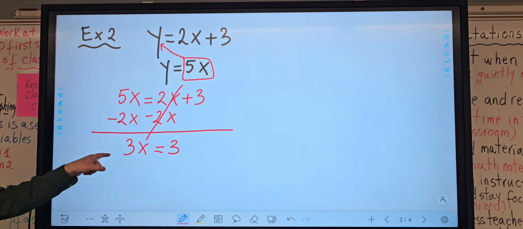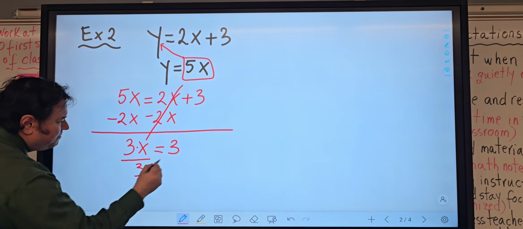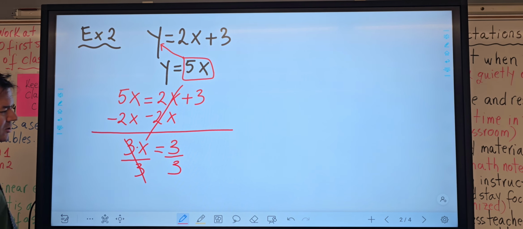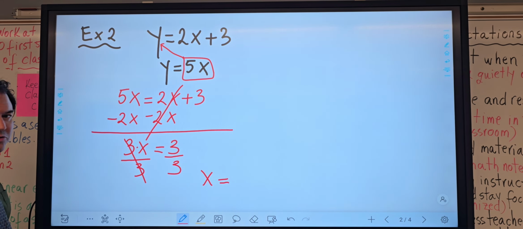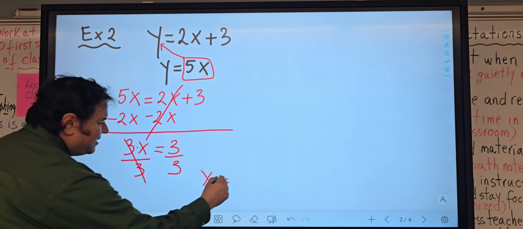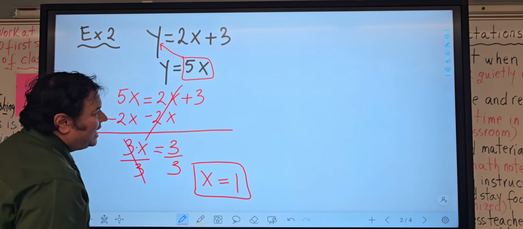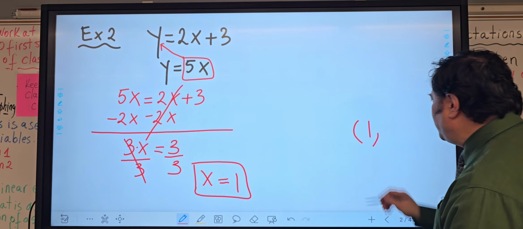And finally, we have to divide both sides by 3 in order for us to solve for x. 3 divided by 3 becomes 1x. So we get x equals, and 3 divided by 3 becomes 1. So x equals 1. We got the x in our answer. So x equals 1. The solution, x equals 1.